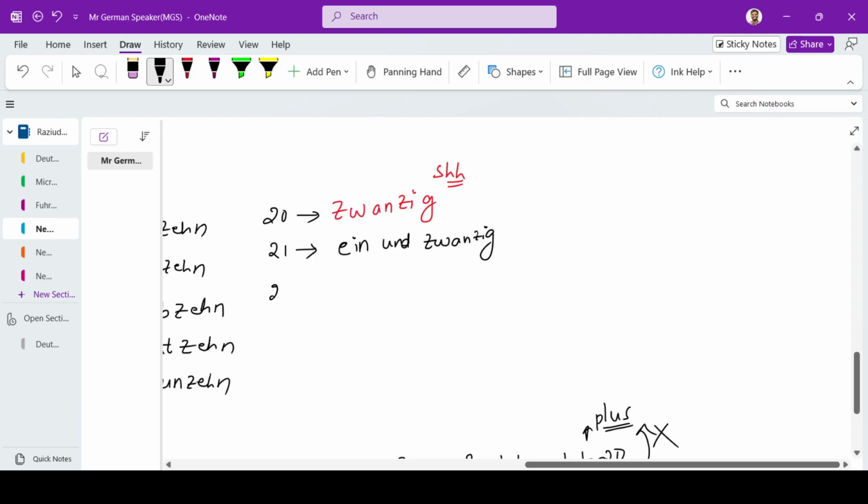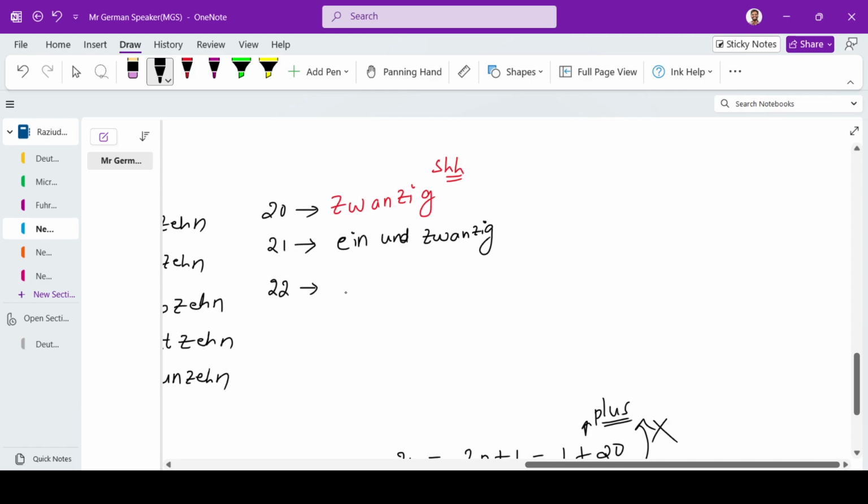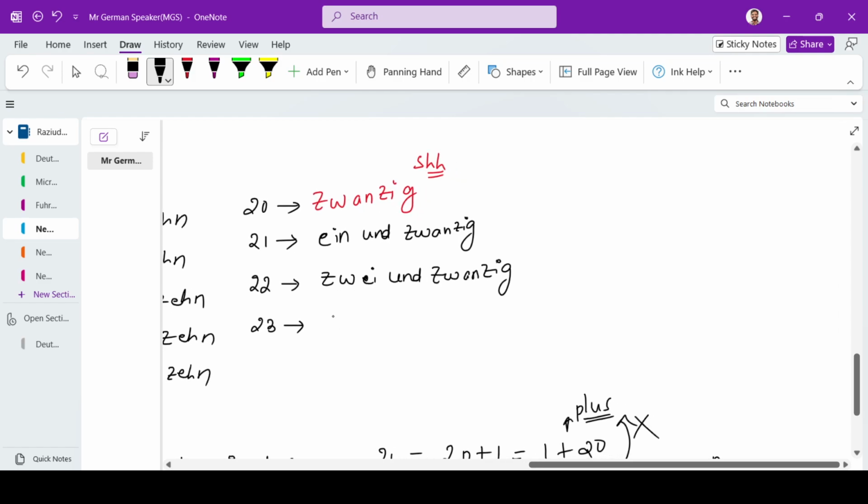Okay. Then we have 22. Can someone guess what it would be? Zwei und zwanzig. 23, drei und zwanzig.